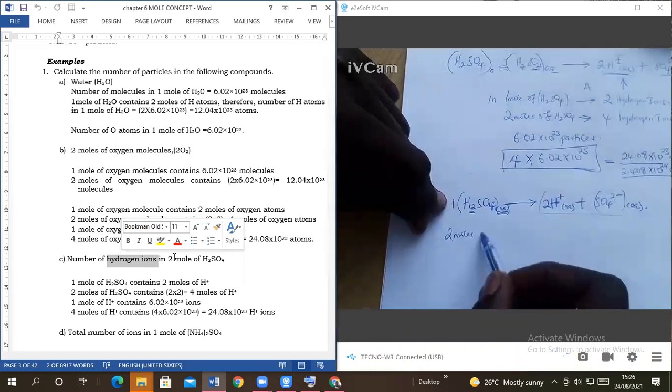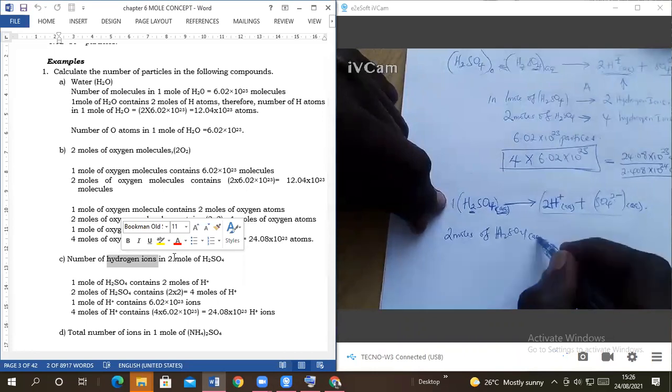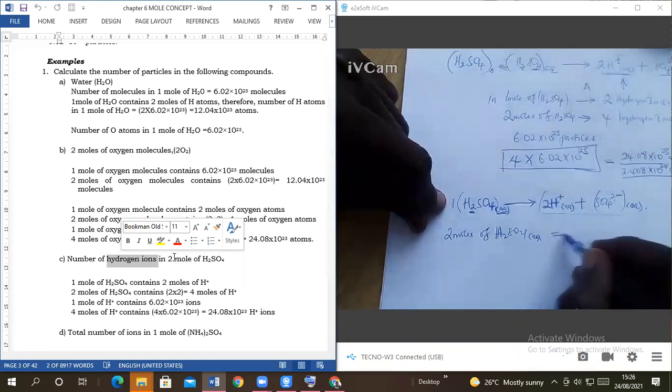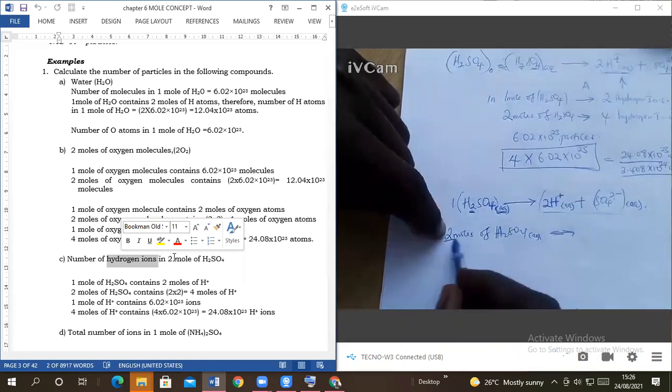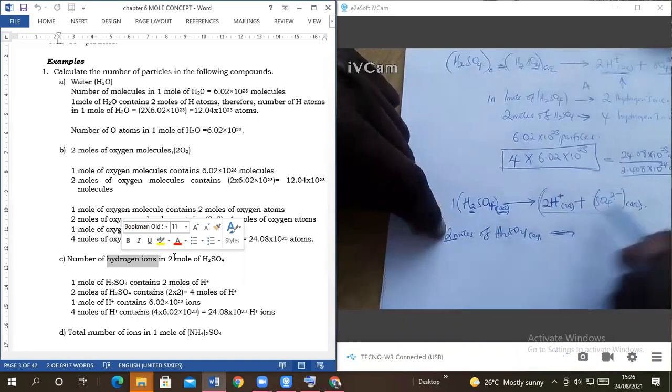What will it give us? It will be 2 times the rest here. We multiply this by 2, which we shall produce 4 hydrogen ions, aqueous, plus 2SO4 2 minus aqueous. So here, the equation is basically based on the hydrogen ions.